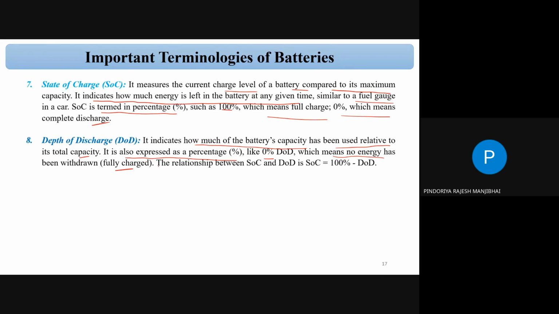So 0% depth of discharge means 100% charge. The relationship between the SOC and depth of discharge: SOC is 100% minus depth of discharge. So 50% depth of discharge means our battery is 50% charged and 50% discharged.